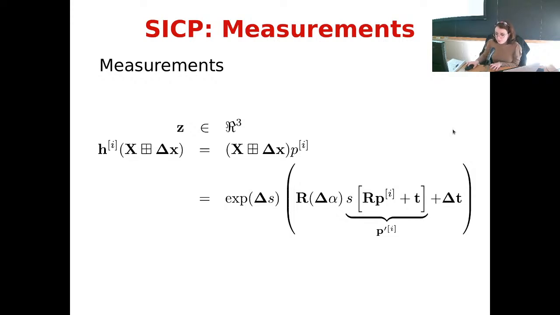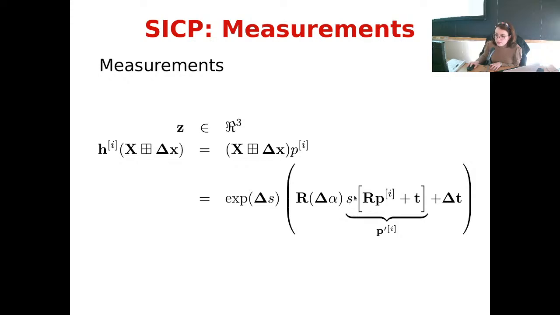Let us go a little bit deeper into this. You can recognize that what you're doing is computing the point in the robot frame corresponding to the point pi in the world frame by applying the similarity x.